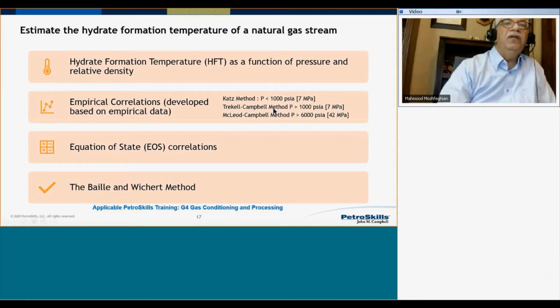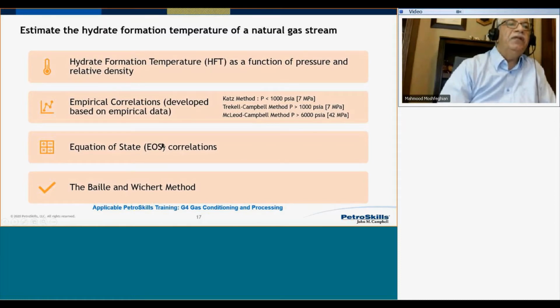It's not trial and error, it's simple, and it's based on the hydrate formation temperature of methane, and then based on composition of different components, we add contribution to the methane hydrate formation temperature. And the last shortcut method is the Makogon method for pressure above 6,000 up to 10,000 psi. And the details of these methods are given in Chapter 6 of Volume 1 of the Gas Conditioning and Processing book.